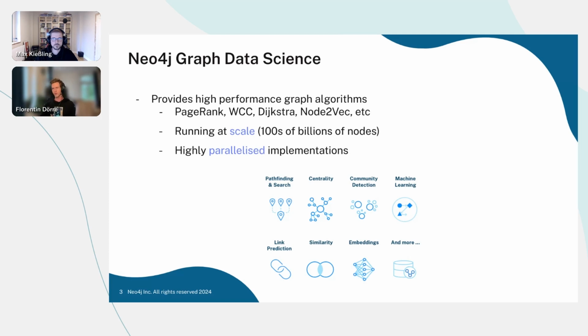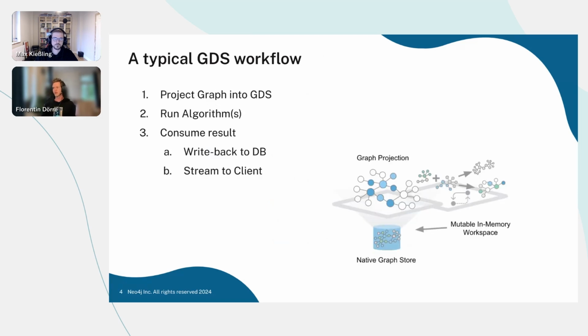And when we look at the typical workflow of GDS, then it starts with that you have your database and project a subgraph into our GDS graph catalog, which is in memory, so not persisted anymore. On the subgraph, you run a couple of algorithms, like for instance, PageRank to compute centrality scores. And you can also run a couple of algorithms.